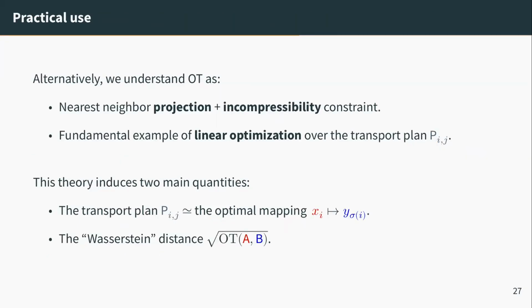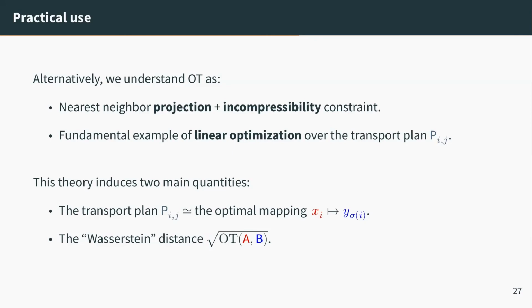It's also one of the very fundamental examples of a linear program, of the transport plan P_ij. So in the history of optimization theory, it's a very important problem. And as far as we are concerned, as data scientists, this theory induces two main quantities.